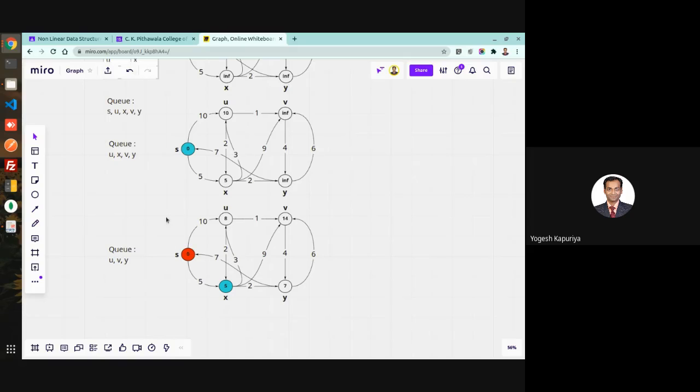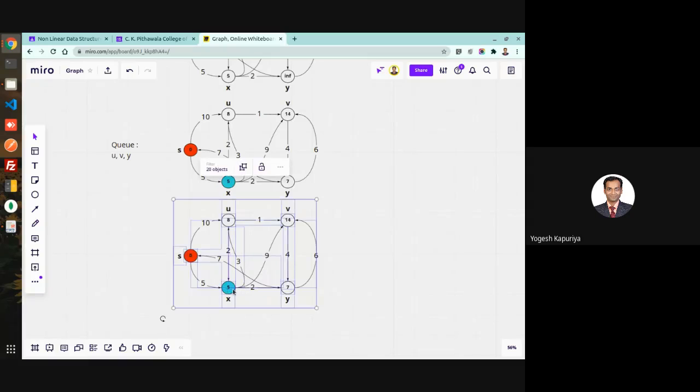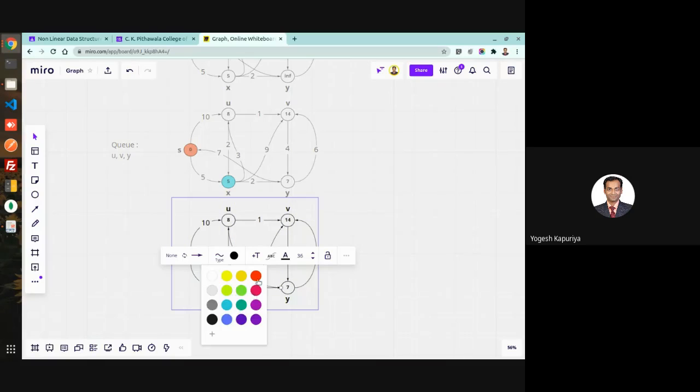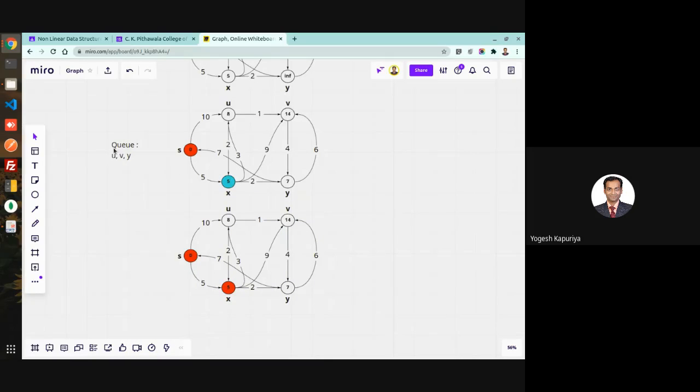Again you will extract one more vertex from the Q. S has already been removed from the Q. Now you again observe the Q. What are the vertices in the Q?